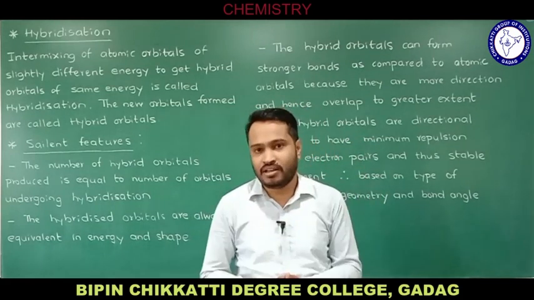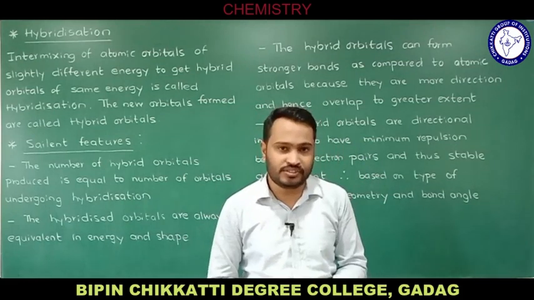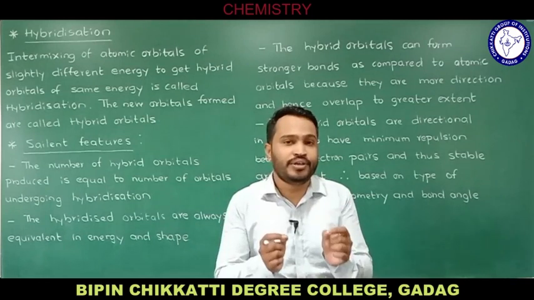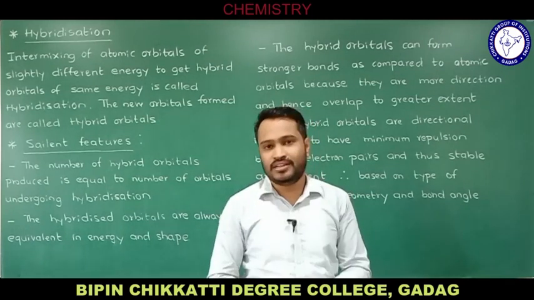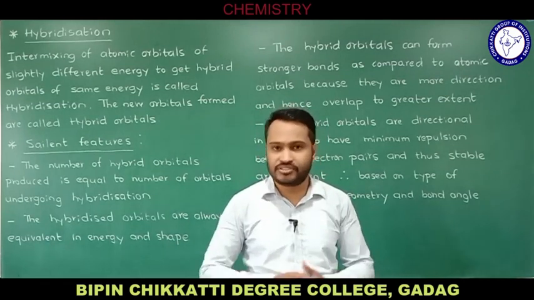And the main application of hybridization is that we can predict the geometry and bond angle by knowing the hybridization. That is the main application of the concept of hybridization.